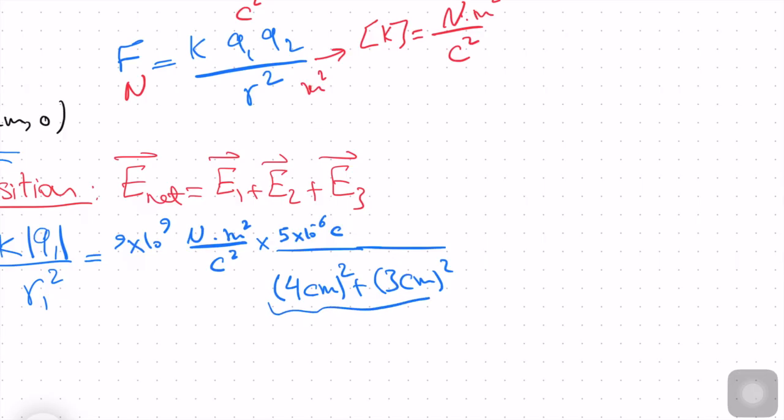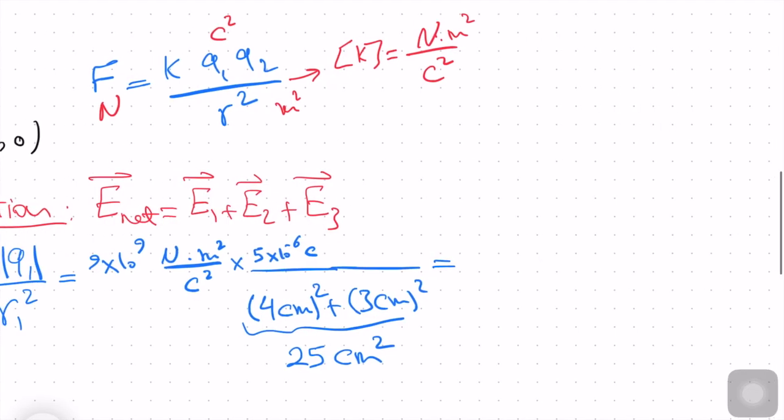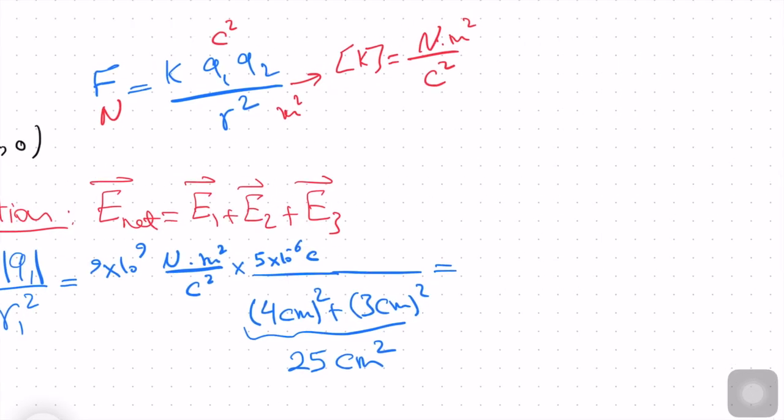Now, if you calculate this, you get 25 centimeter squared. Okay. Now, you can plug in all the numbers in a calculator. I'm just going to do it by hand here, real quick.